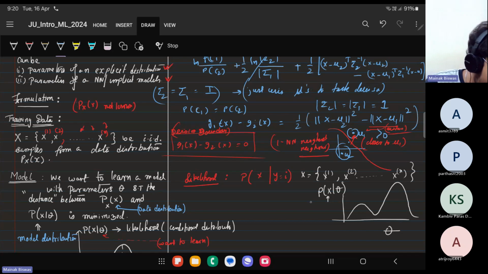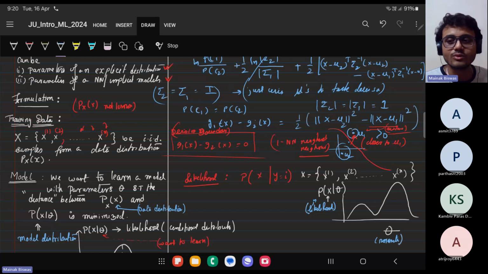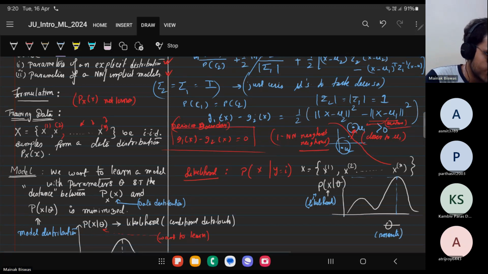This is called the likelihood, and this is the parameter. We'll see how it is learned and so on. So what will be the best parameter? The best parameter will be that parameter that maximizes the likelihood, right or wrong?